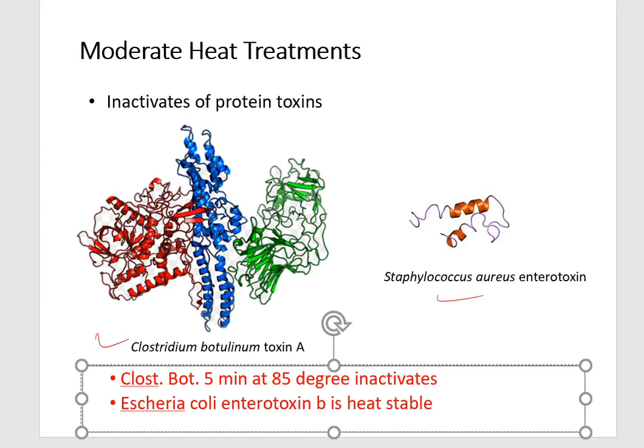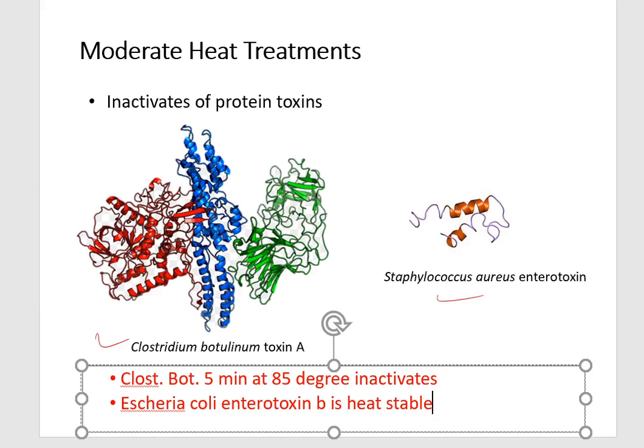Okay, not all toxins are inactivated by heating because they do not contain protein. Okay, we saw that moderate heat temperatures have beneficial effects on protein digestion and quality.